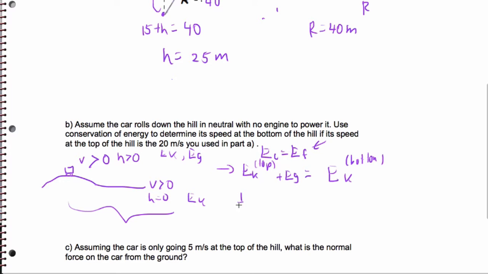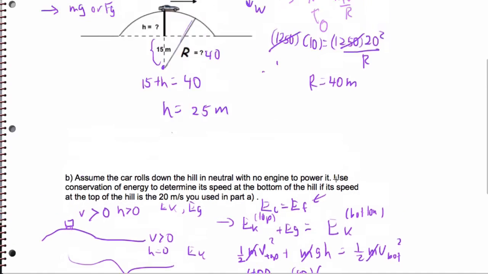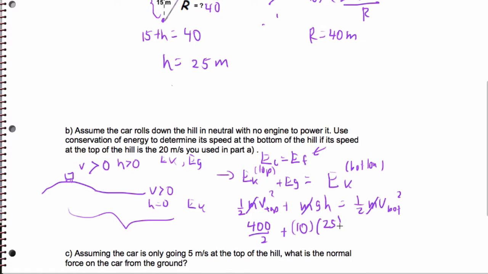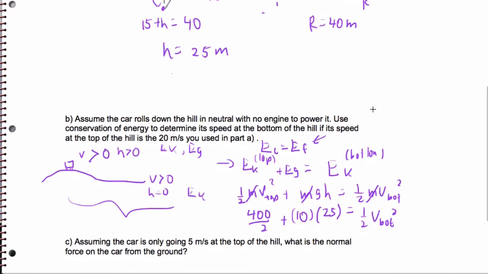So we have 1/2 m v at the top squared plus m times g times h equals 1/2 m v at the bottom squared. One thing I want to point out, the m's actually cancel. So I have v at the top squared, which is 400 over 2, plus 10 times the height we got, which is 25, and that's going to equal 1/2 v at the bottom squared.